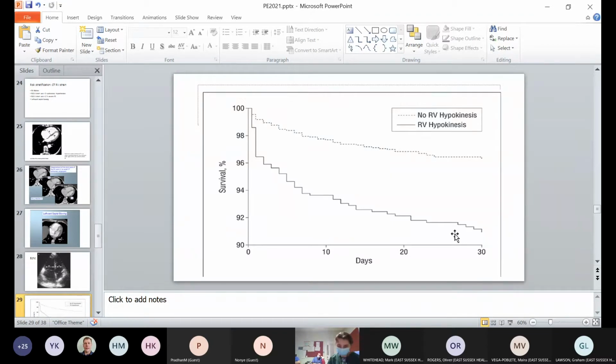I mentioned 50% of people with massive PE won't survive the next 3 months. So that is important. The recent guidelines highlight identifying right ventricular strain, troponin, ECG, CTPA, echo, anything to identify these people at high risk, okay?